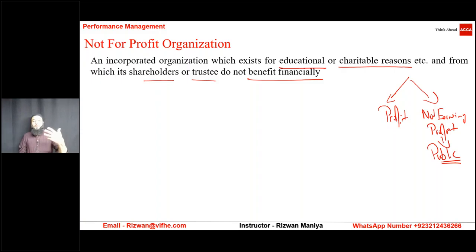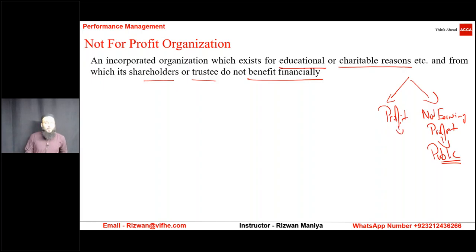They use the government as their main donor or funder, and the government funds them, and then they run their operations accordingly. Because they don't earn their own profit, they need donations and funds from the government. So these are public sector ones.